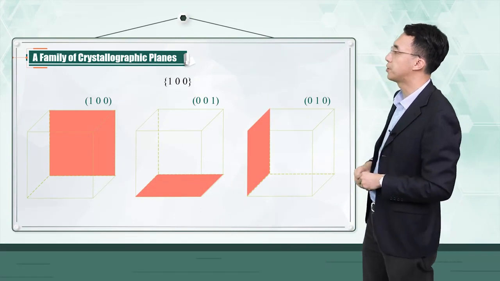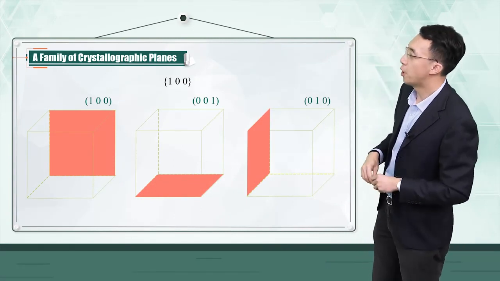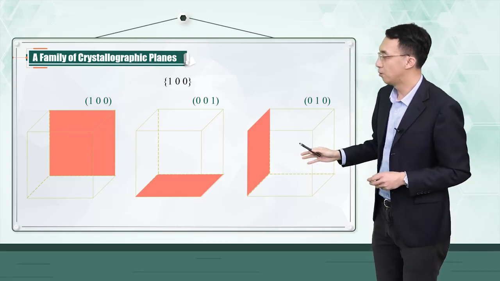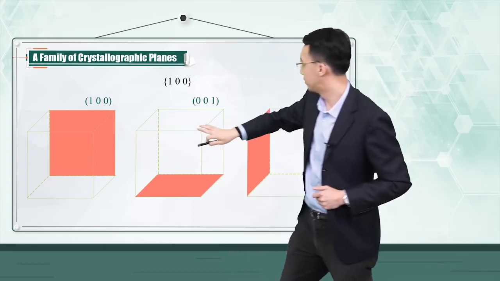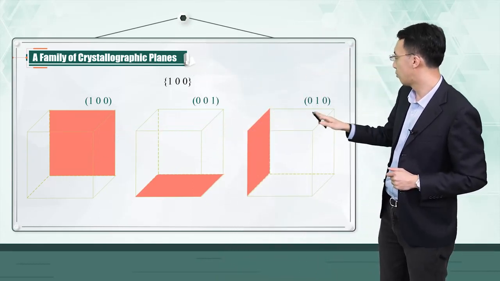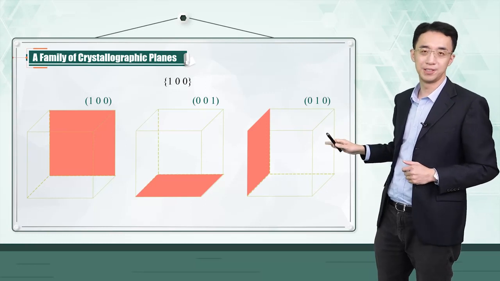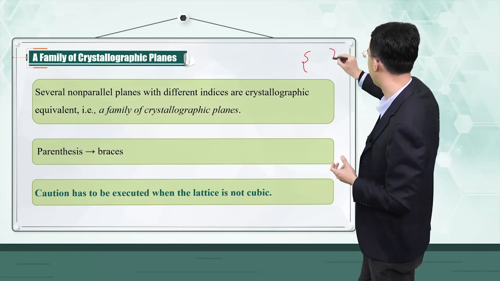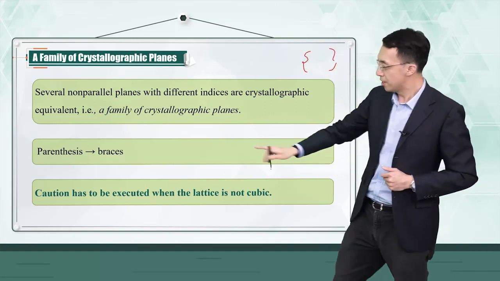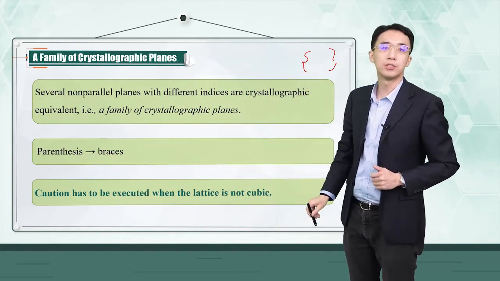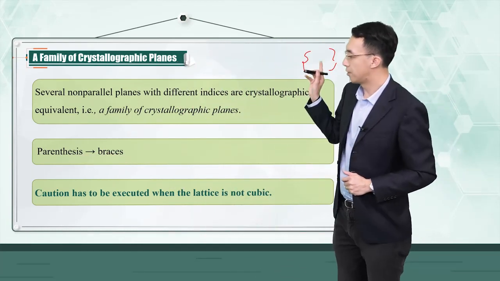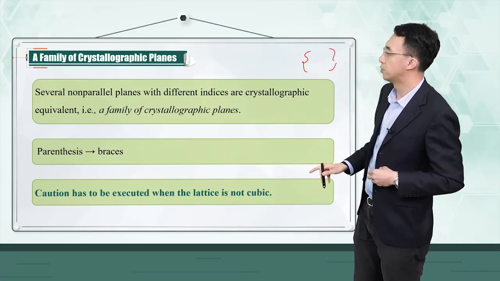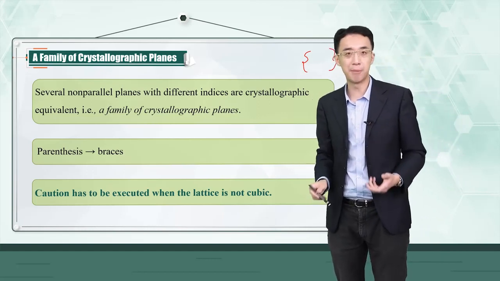So similar to the crystallographic direction groups, you may also define the family of crystallographic planes. So this 100 plane, 001 plane, and 010 plane, they are all equivalent. You can easily imagine. And then you just use braces instead of your parentheses. So your parentheses for particular crystallographic planes are changed to braces whenever you talk about crystallographic plane groups or plane families.